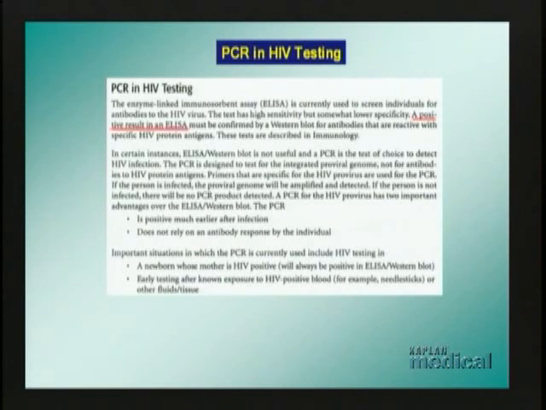The reason why ELISA is used, as you know from immunology, is because it's very cheap and very quick. But the problem with ELISA assays is that it can be false positive. And the reason for this is cross-reactivity. Antibodies in the blood might cross-react with proteins from other sources. So the problem is false positives.